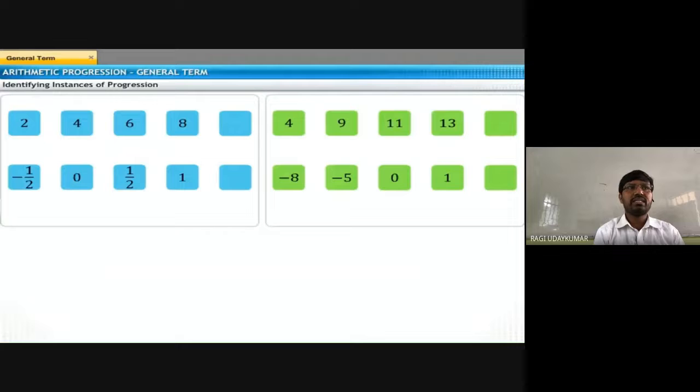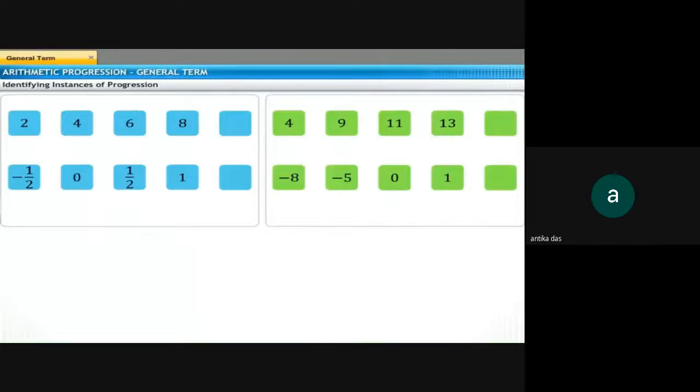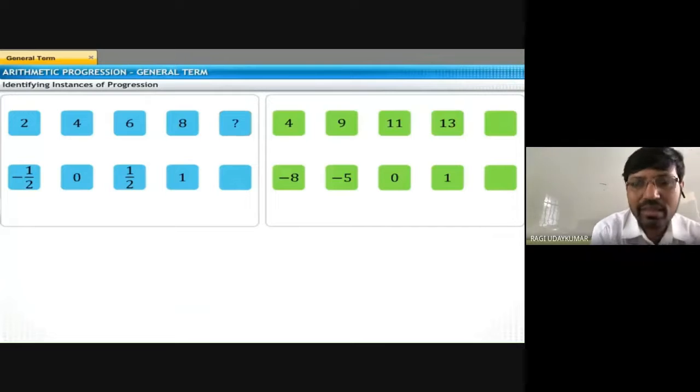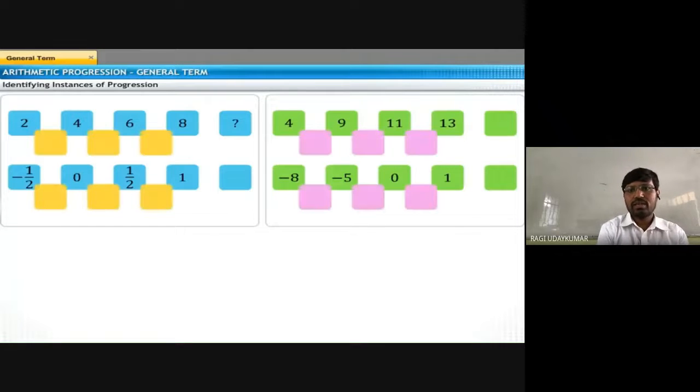Suppose you see 2, 4, 6, 8, then what number will we get after that? Obviously you will say 10. Yes, the next number is 10, when this pattern is followed here. What we are doing here: we add 2 to 2, then we get 4; add 2 to 4, we get 6; add 2 to 6, we get 8.